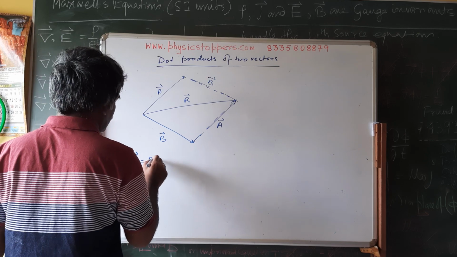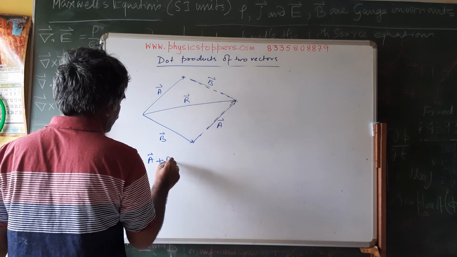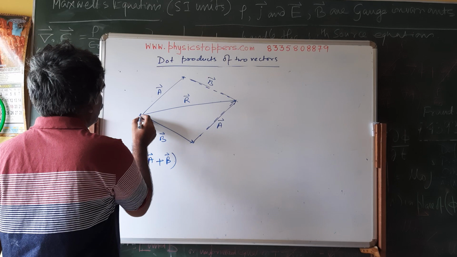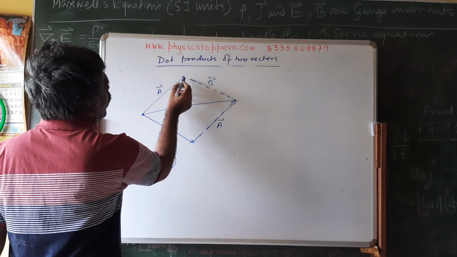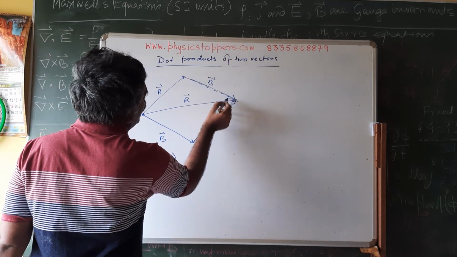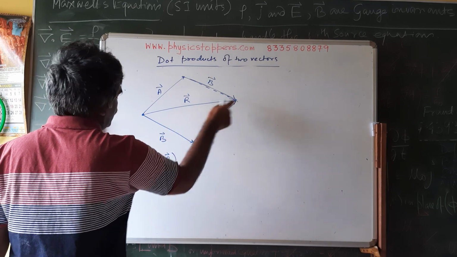Vector R is A plus B, right? You start from here, this is A, and you move this way, and this is B. So A plus B is R.